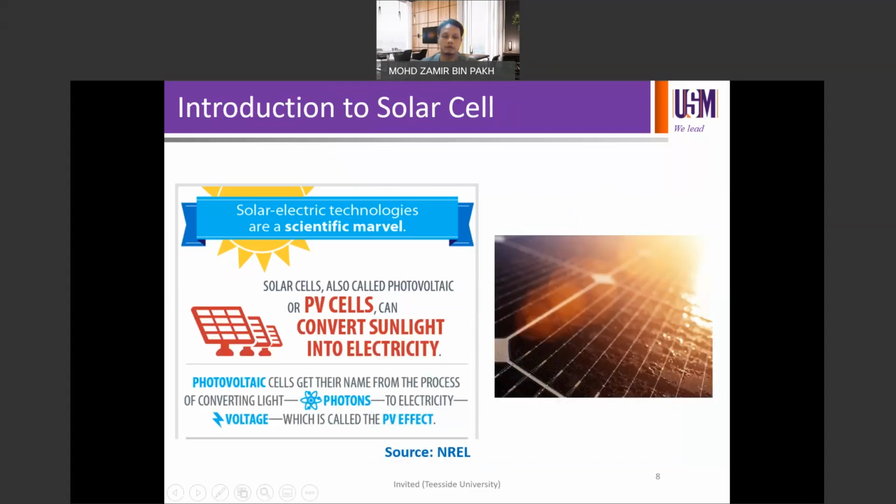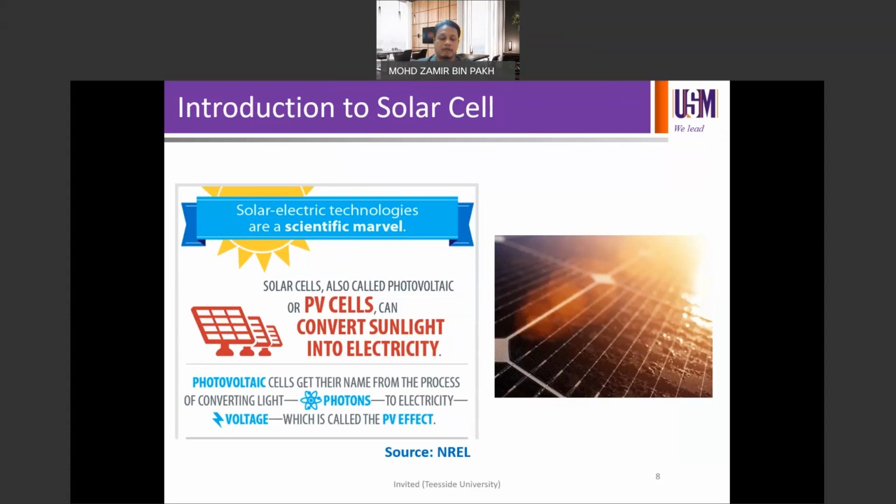Solar cell operation is also called the photovoltaic effect. The name refers to the conversion of sunlight to electricity. When we talk about the PV effect, it concerns the conversion of sunlight to electricity. The photo part in photovoltaic refers to the photons, which make up sunlight, right?